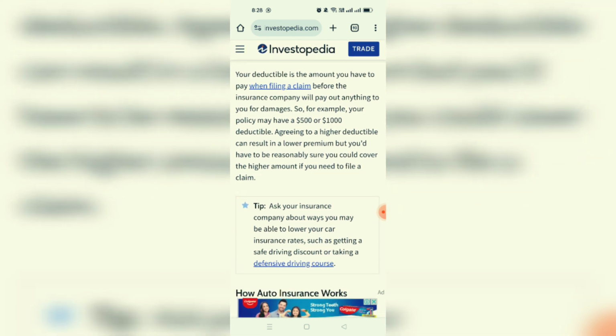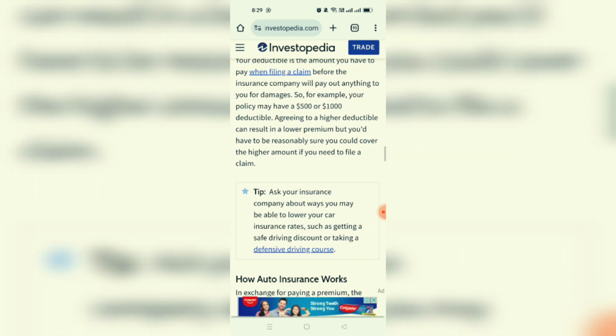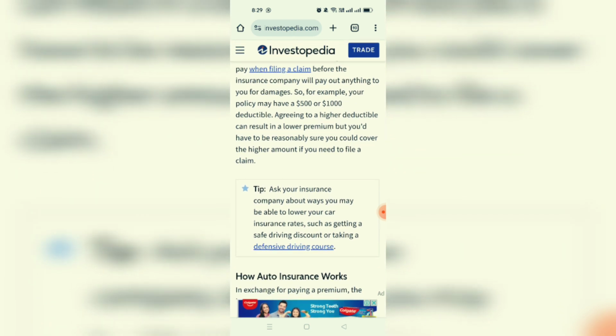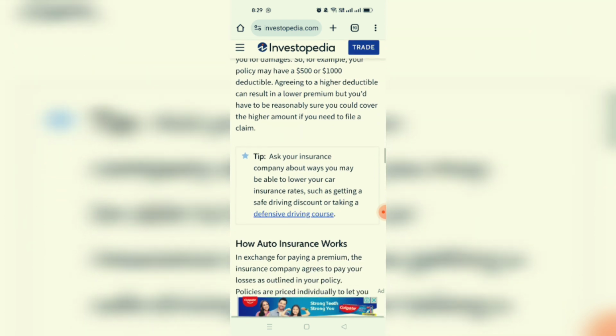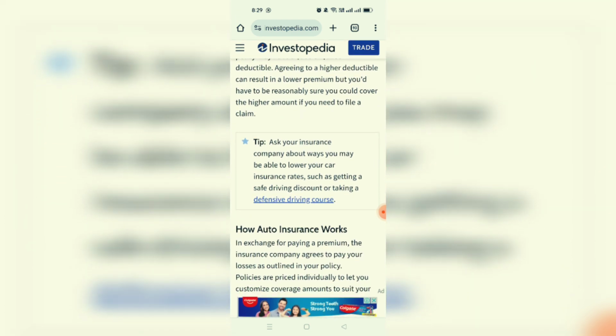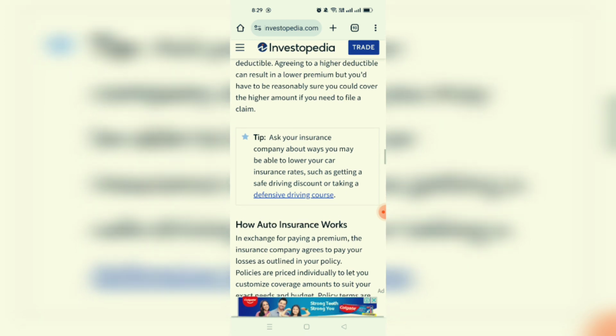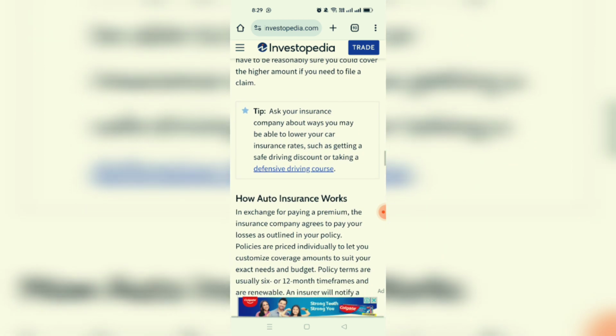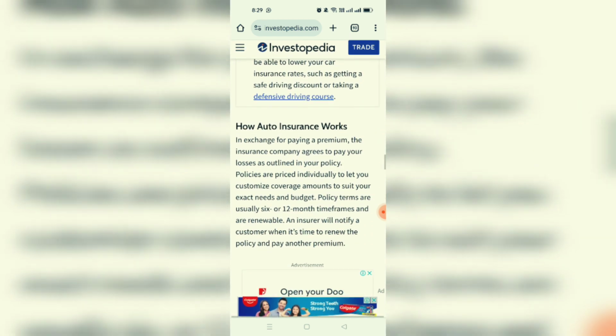Agreeing to a higher deductible can result in a lower premium, but you have to be reasonably sure you could cover the higher amount if you need to file a claim. Here is a tip: ask your insurance company about ways you may be able to lower your car insurance rate, such as getting a safe driving discount or taking a defensive driving course.